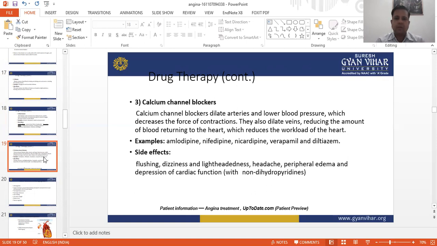Examples: amlodipine, nifedipine, nicardipine, verapamil, and diltiazem. Side effects: flushing, dizziness, lightheadedness, headache, peripheral edema, depression of cardiac functions.